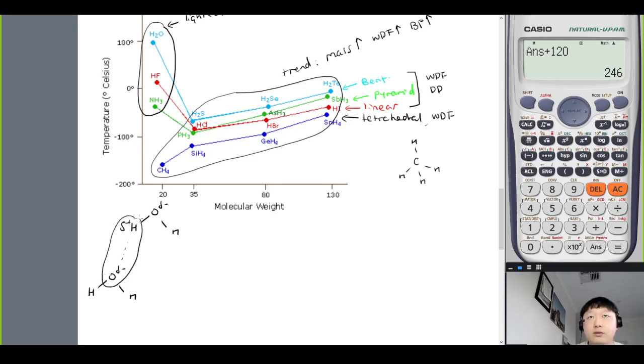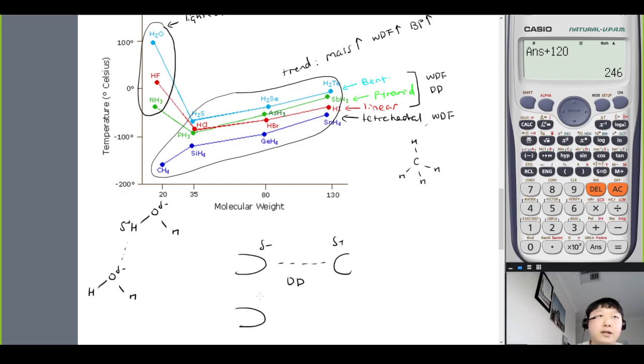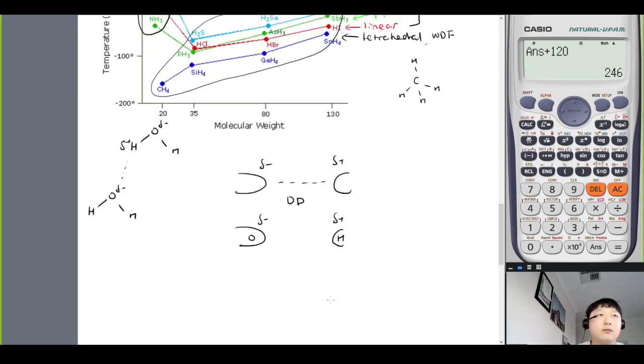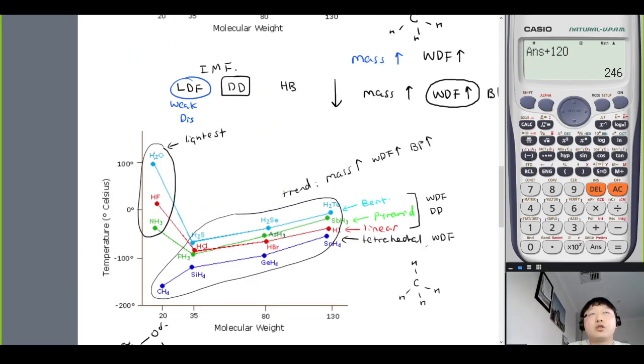If it's slightly negative and slightly positive, and there's attraction, we just call it dipole-dipole, right? But if this slightly negative guy is oxygen and this slightly positive guy is hydrogen, although this is still attraction between negative and positive, we need to classify it as a different kind of bonding. Why? Because it's so much stronger. See that?